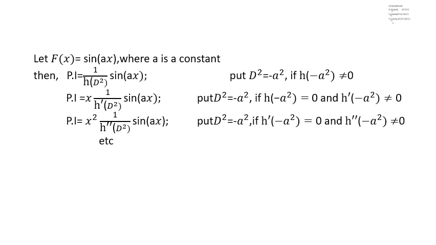Write the step: PI is equal to 1 by h(D²) operating on sin ax or cos ax.